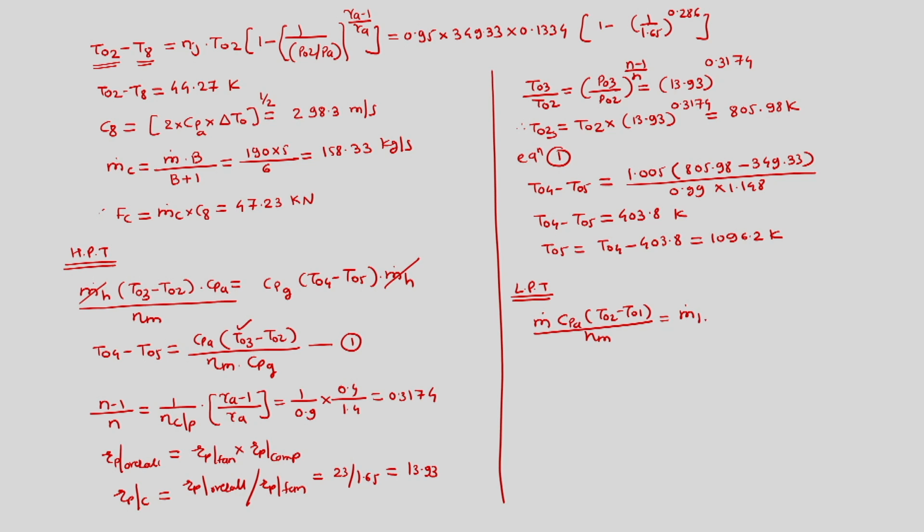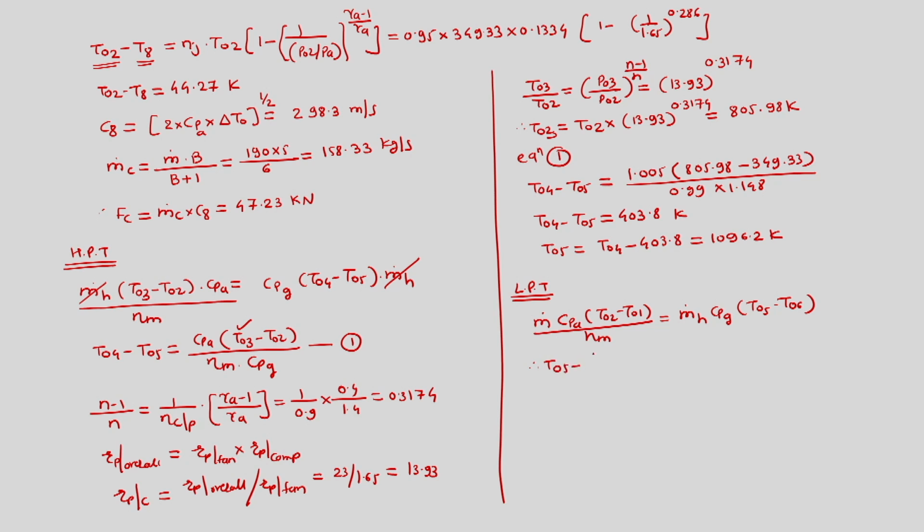But the LP turbine interacts with only the hot mass, so it is Cp of hot gas into mass flow rate of hot gas into T05 minus T06.